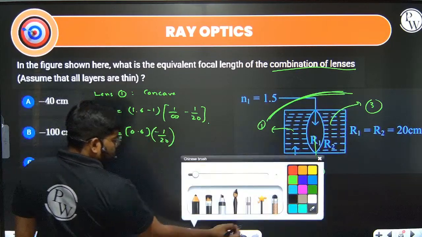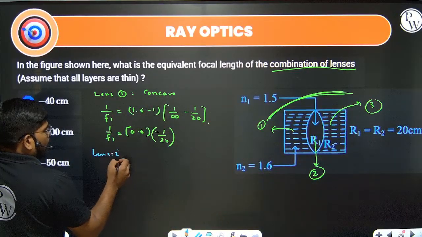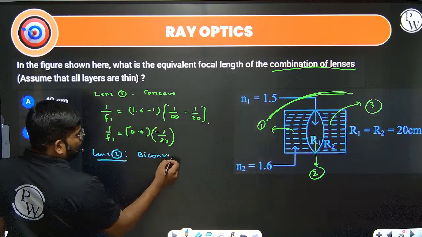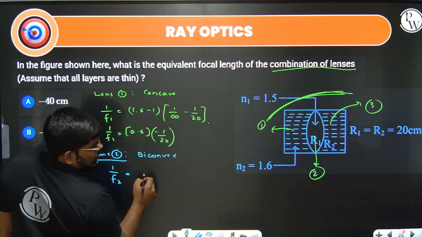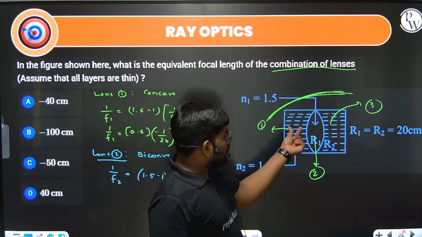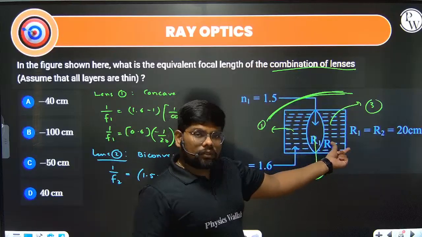Next, let us go for lens 2. We have a biconvex lens, then 1 by f2 is equal to mu minus 1, its refractive index is 1.5, minus 1. Again, we should treat them separately, like each is in air.